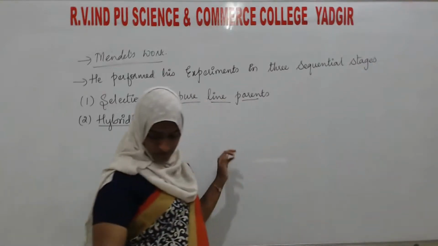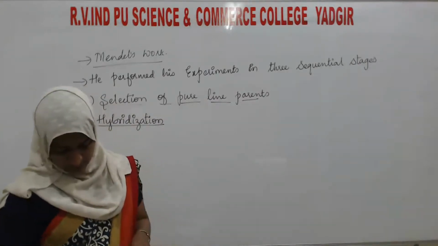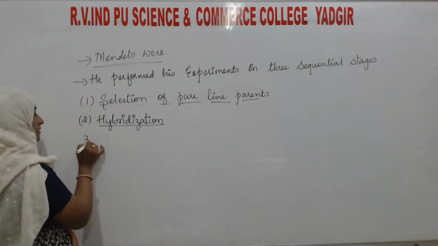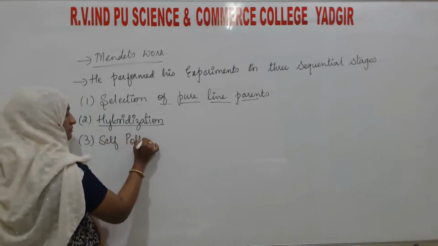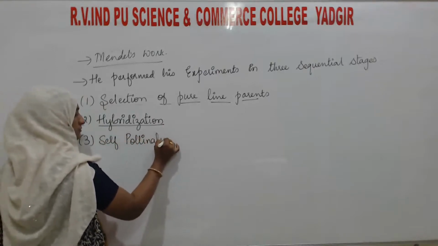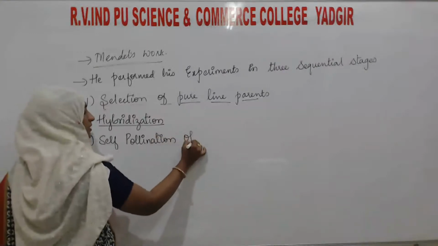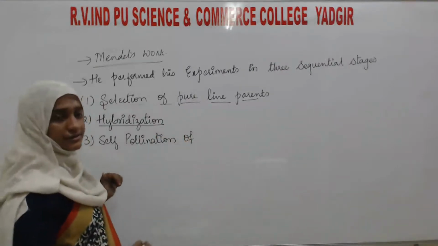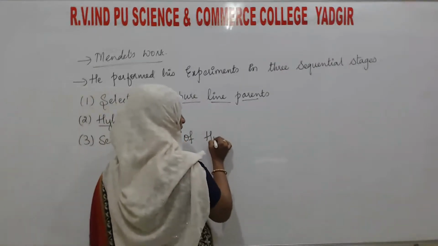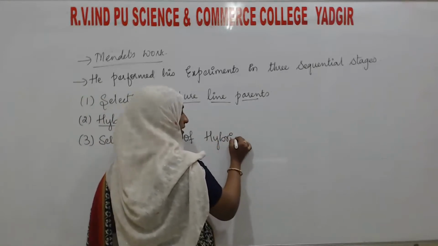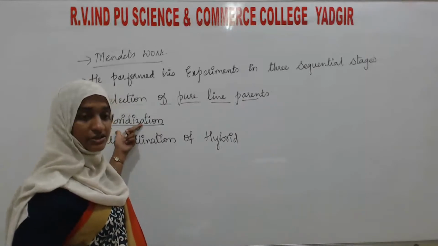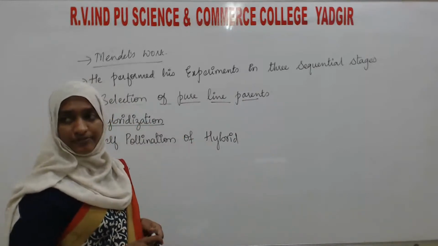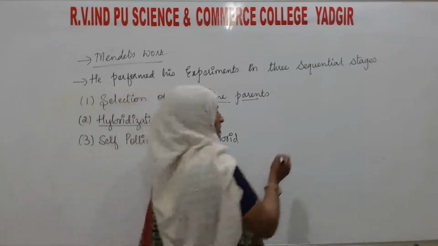See here, the third stage is self-pollination of hybrids. Where do we get the hybrids? After the second stage, the hybridization, you get the hybrids.